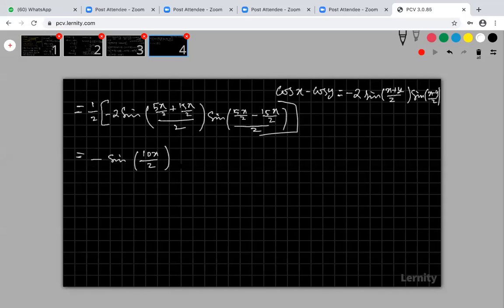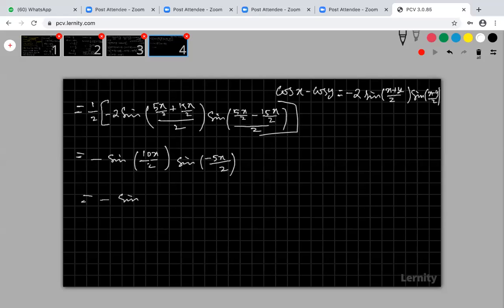Similarly, here for sine, the LCM is 2. 5x minus 15x is minus 10x, minus 10 by 2 is minus 5x, whole divided by this 2. Please try to understand this.